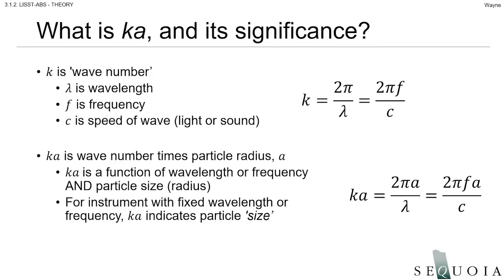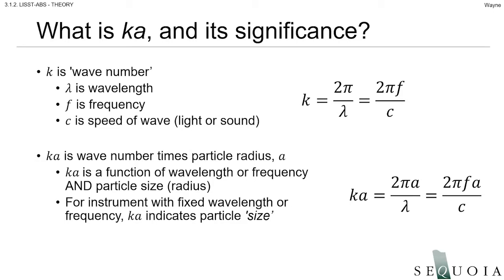If we then think of this other quantity, Ka, that's the wave number times the particle radius. So this is key to the interaction of the wave with a particle. This is now a function of the wavelength or frequency as well as the particle size. So very simply, Ka is 2 pi a over lambda, or 2 pi f a over c.